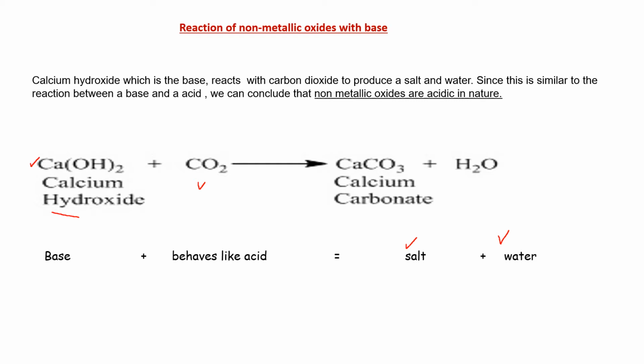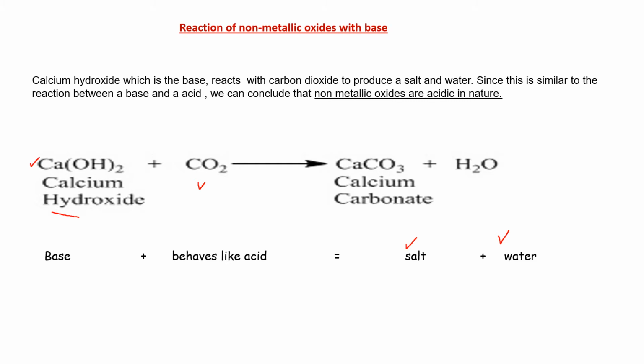And we have learned that in a neutralization reaction, base and acids give you salt and water. If the base is already present, then which substance is acting as an acid here? It's carbon dioxide, right? Carbon dioxide is behaving like an acid here. So non-metallic oxides are acidic in nature.